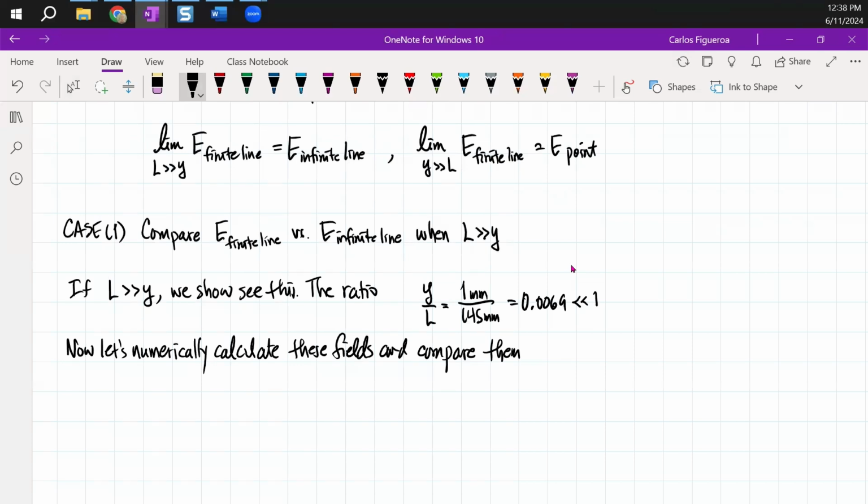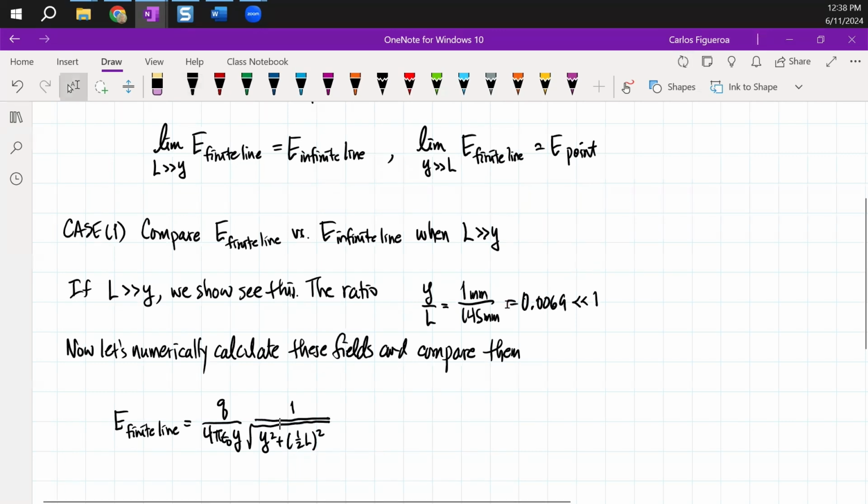So I know that the field of a finite line looks like this. The field of a finite line was Q divided by 4 pi epsilon times y, and then I had the expression of the square root of y squared plus 1/2 L squared, and that goes all into 1.